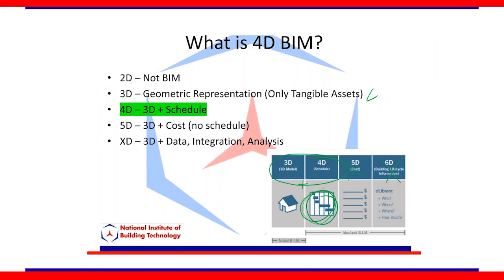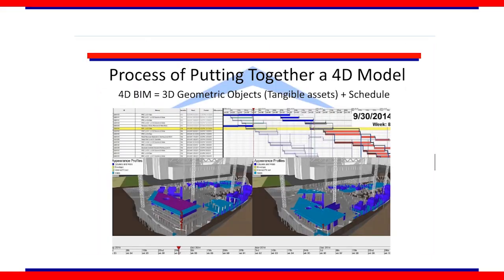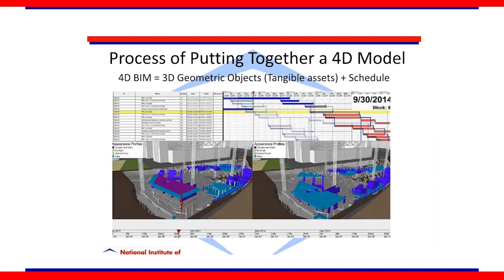So now we understand what 3D and a schedule are. We've all seen 3D before, and this is what a typical 4D model will look like. Now we're talking about how a 3D model is connected to a schedule. I'm going very basic level: you have a 3D model, and the 3D model here and here are connected to the schedules.